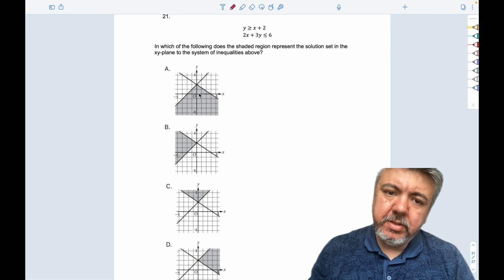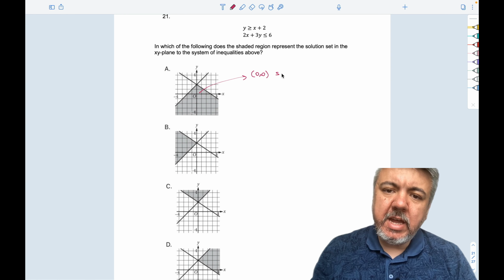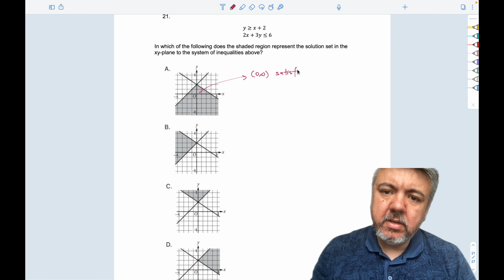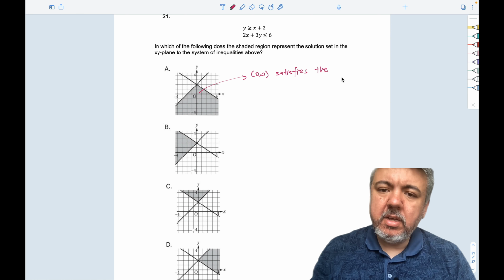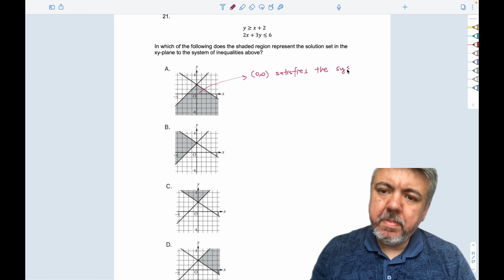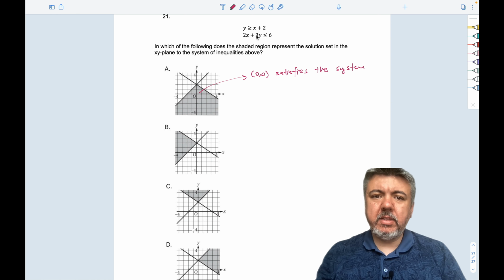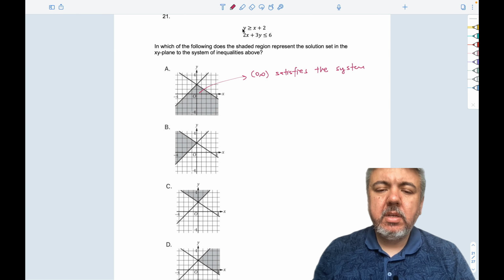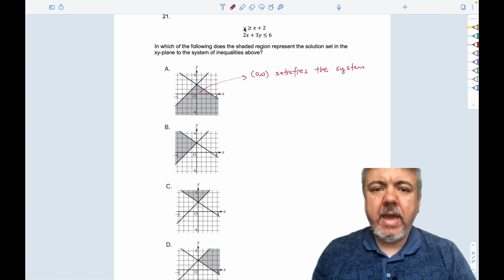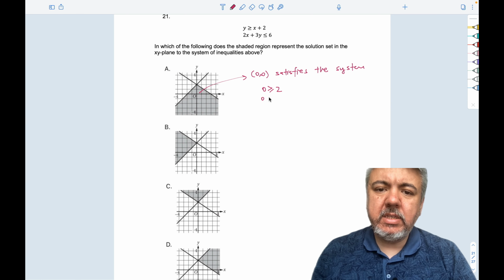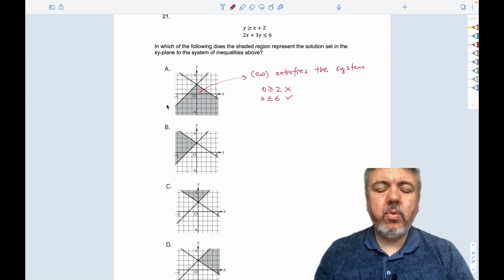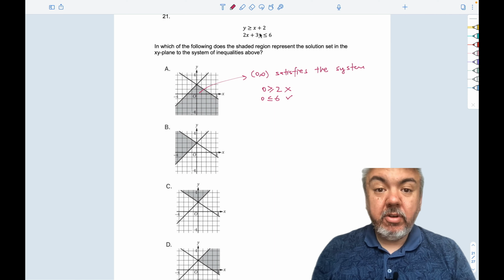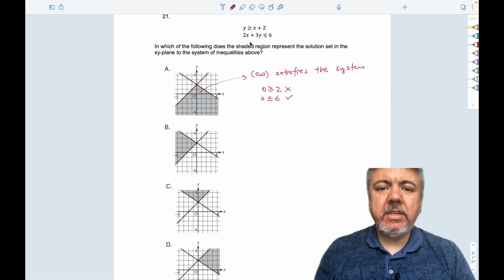For example, let me check whether 0, 0 satisfies both inequalities. Substitute 0 into x and y. 0 greater than 2? 0 less than 6. It satisfies this, but not this one.